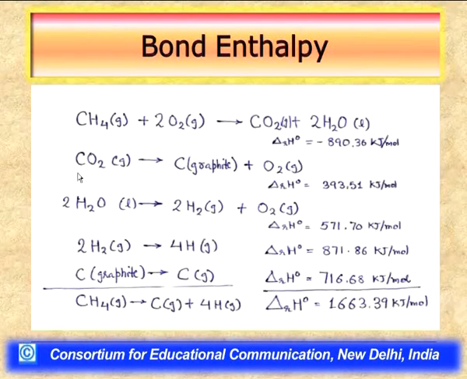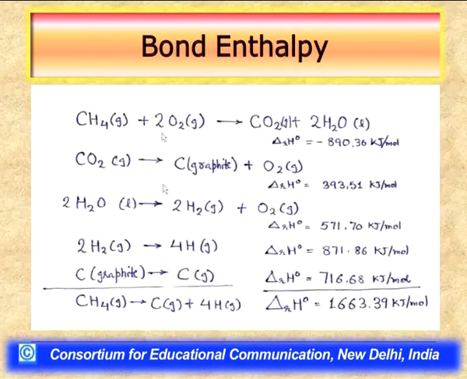The second one is nothing but the reverse reaction of the enthalpy of formation reaction of carbon dioxide. Third one is twice the reverse reaction of formation of water. Fourth one represents twice the decomposition of hydrogen single bond, and the fifth one represents the transition of 1 mole of carbon in the graphite state to carbon atoms in the gaseous state.